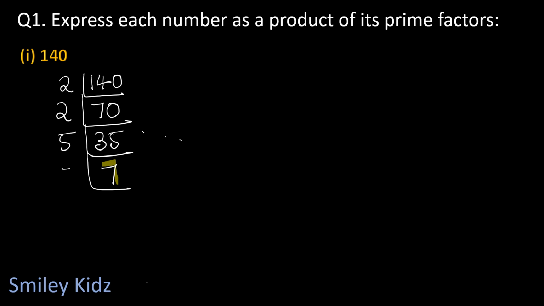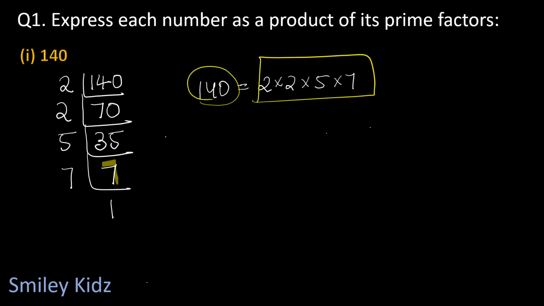Then, 7 times 1. Now we know that the prime factors of 140 are 2 into 2 into 5 into 7. Now I have expressed 140 as the product of its prime factors.